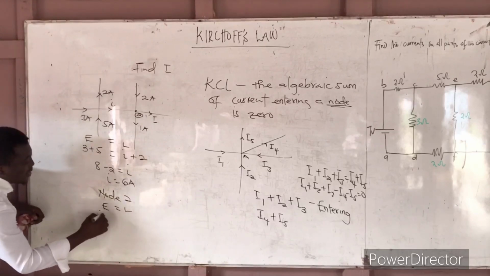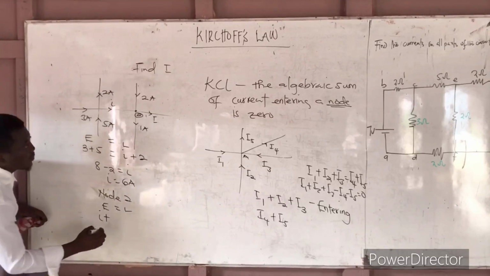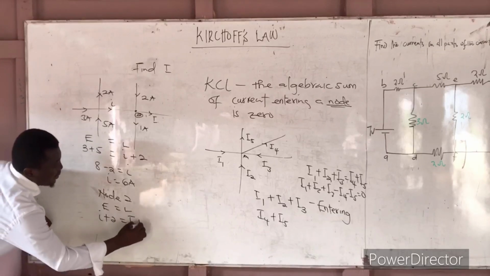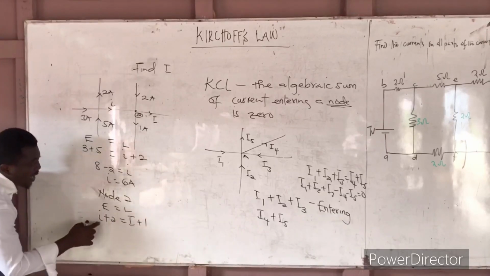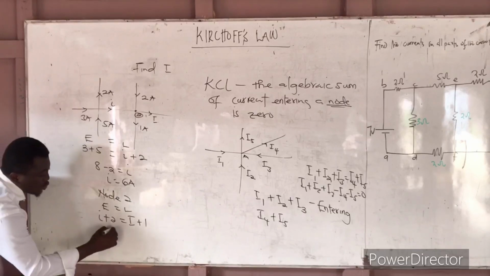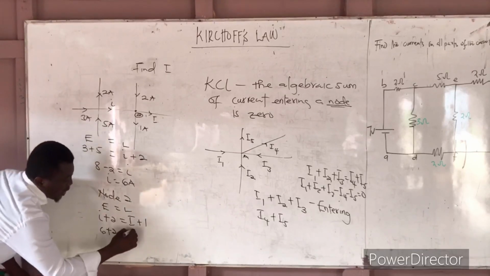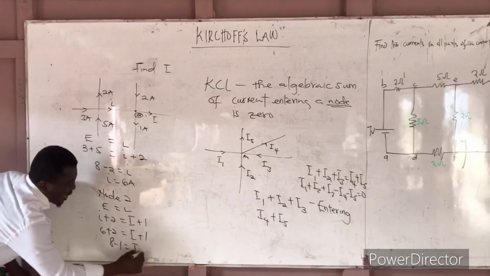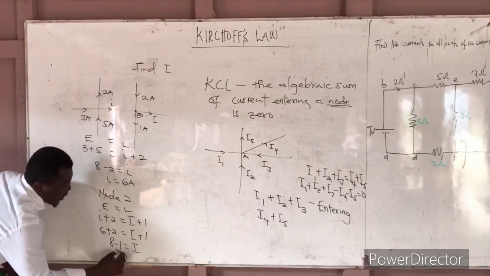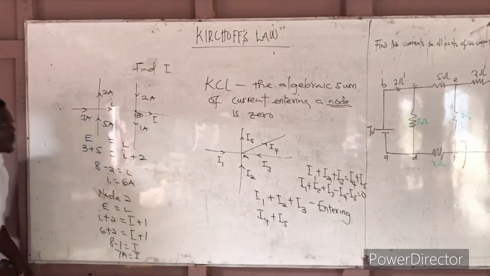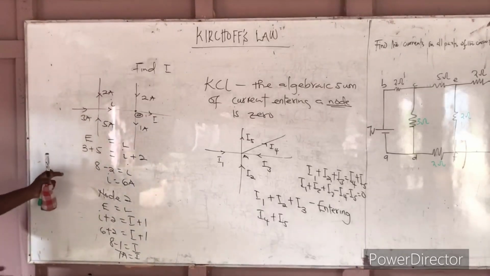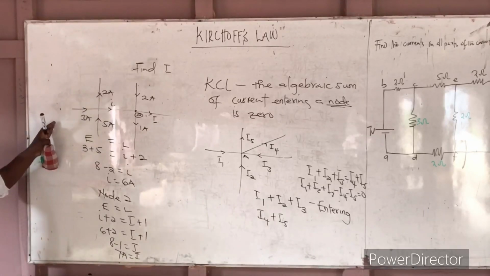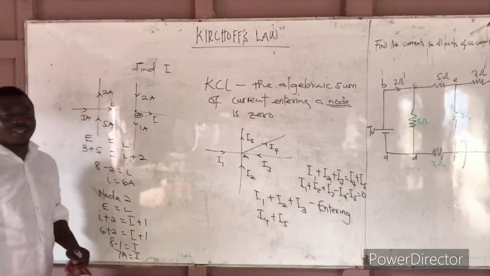Entry is i plus 2, and leaving is equal to capital I plus 1. So i is 6, plus 2, must be equal to I plus 1. So we are getting 8 minus 1 is equal to I. So 7 ampere is equal to I. So that's how to go about it when you are given a question like this. So this is all about KCL.